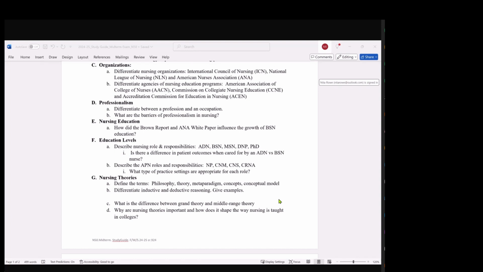Now, the future of the nursing profession is that these NPs, CNMs, CNSs, CRNAs will have to get a doctorate level education. Okay, that is the future of nursing.